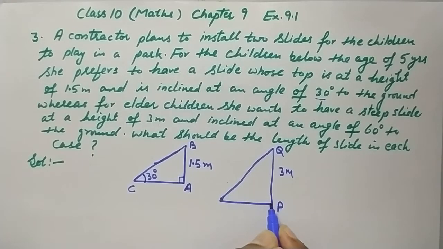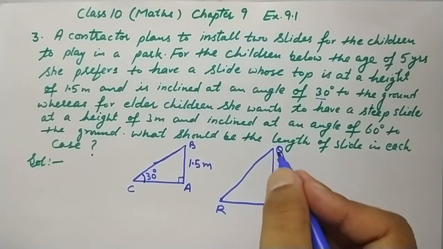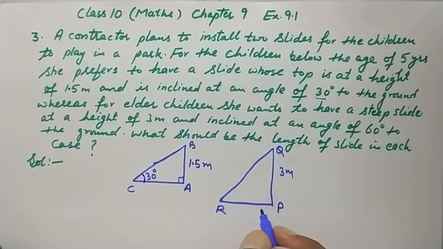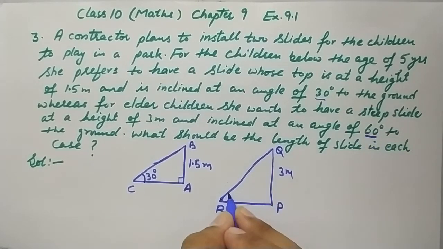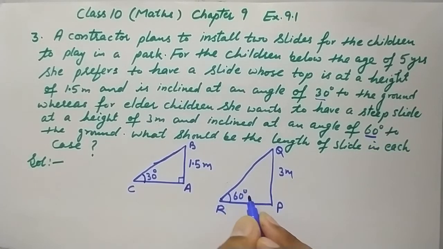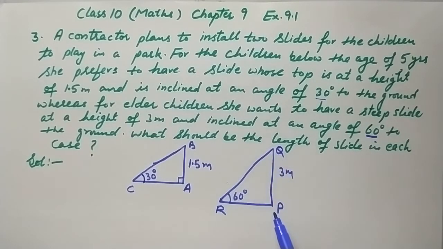Now suppose QR is the length of the slide, and PQ is the height of the slide, and this slide is making an angle of 60 degrees with the ground. So this angle is 60 degrees. In this case also we need to find out QR, right? So one length is given, PQ, and we can find out QR easily with the help of T ratios.